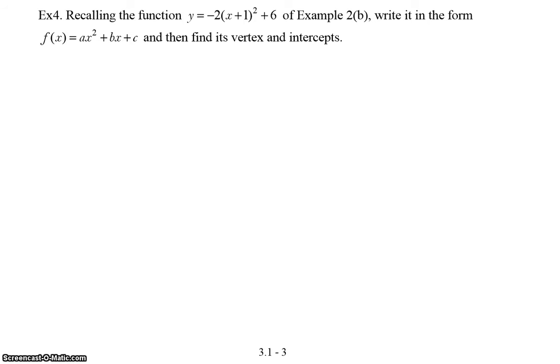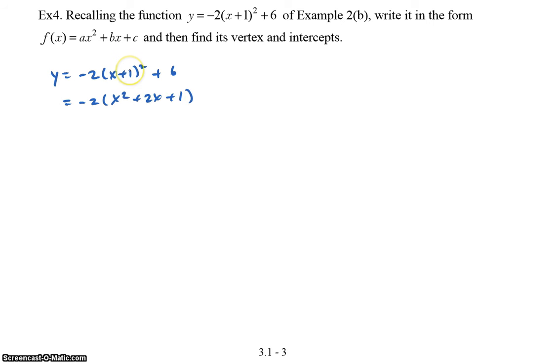So what I'm going to do is rewrite this function in a different form. So I have y equals -2(x + 1)^2 + 6. And what I'm going to do is square the (x + 1) by FOIL.